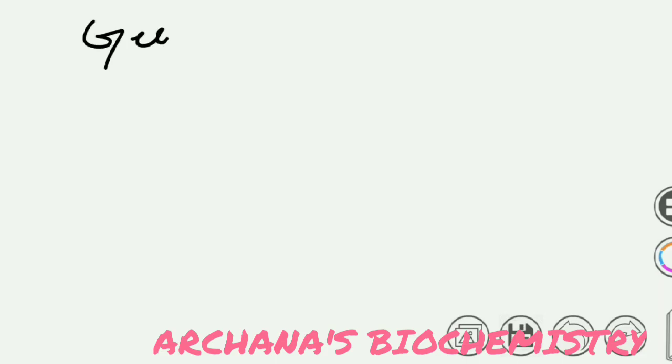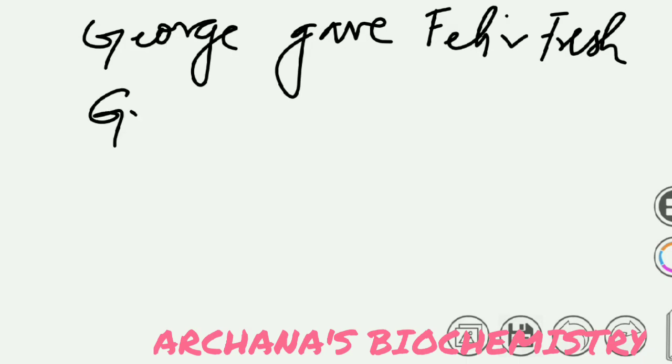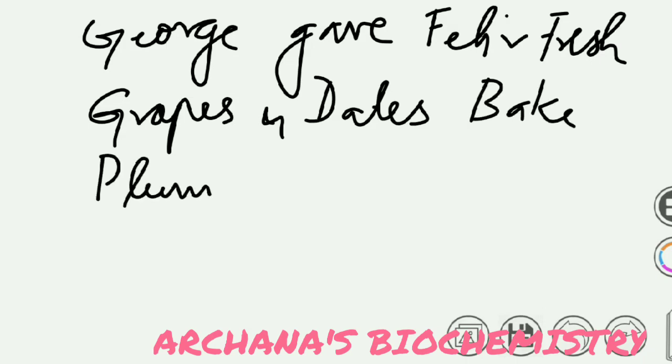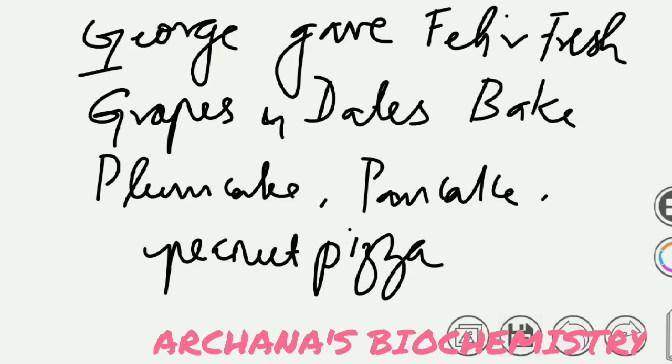Now to summarize, let's see the mnemonic. George gave Felix fresh grapes and dates to bake plum cake, pancake and peanut pizza.